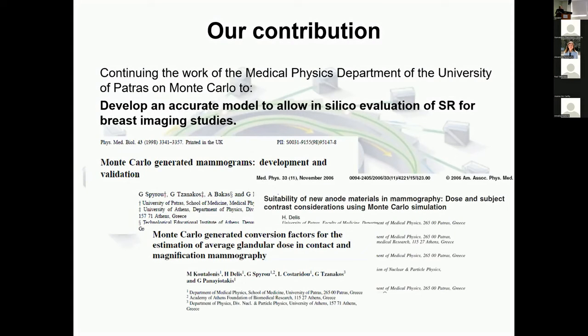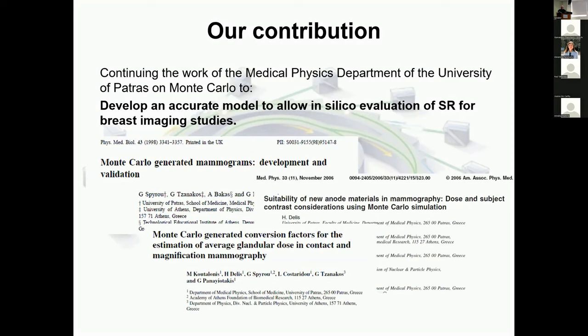A few words about our contribution as a research group. In fact, what we wanted to do about 10 years ago is to develop an accurate model to allow in silico evaluation of SR for breast imaging studies.